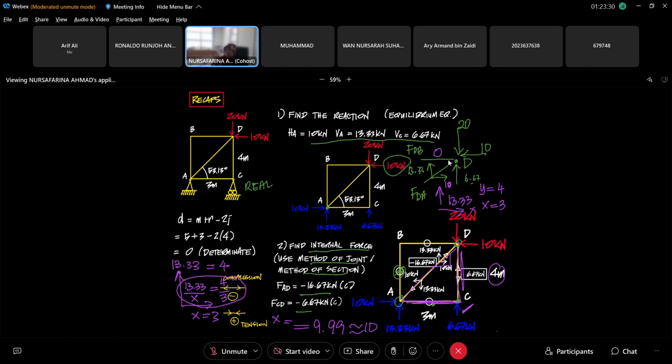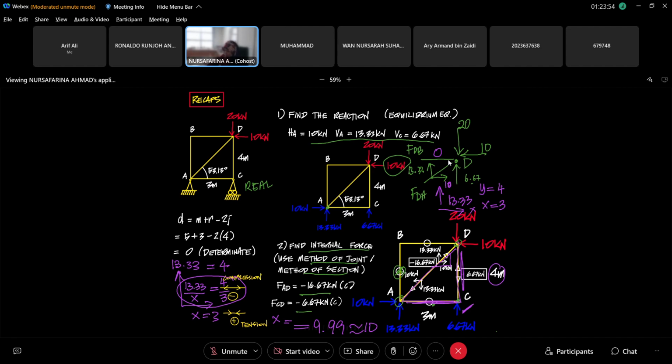And Alhamdulillah, at the test or final exam, they did it this way. So it saves time, rather than doing the usual internal forces. I'm not saying you can't. You try this one and you try the usual method of joint and you compare the time you take to solve the problem.